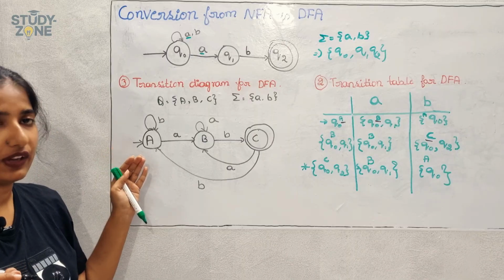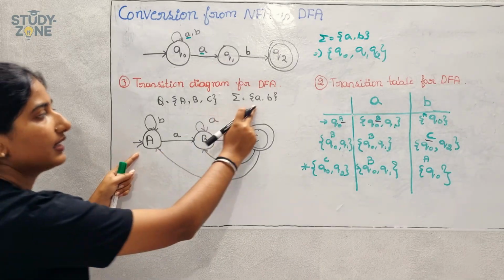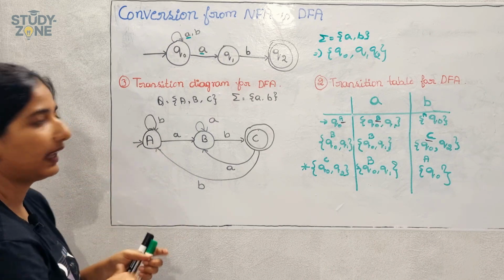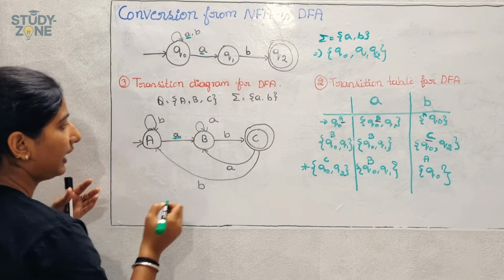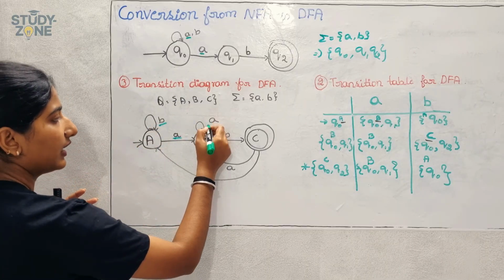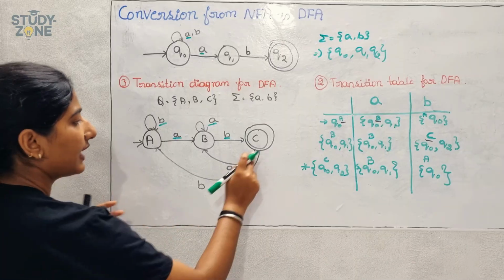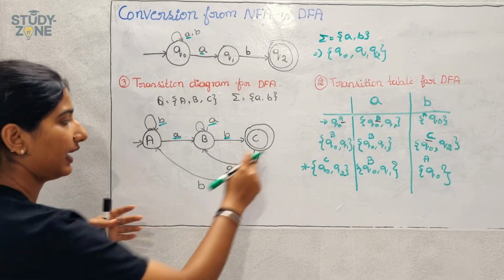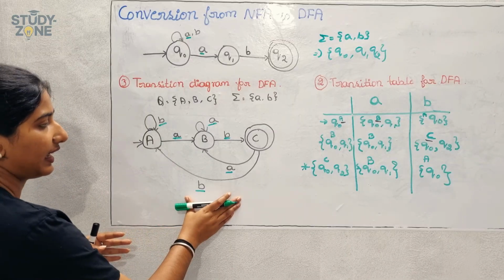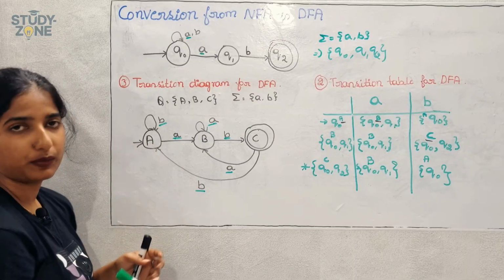Now for a DFA, how do we check whether this transition diagram is correct or not? For every state, A and B should be there, right? A on A moves to B, and on B it stays in A. B on A stays in B, and B on B moves to C. C on A moves back to B, and C on B moves back to A. So this transition diagram is correct because for every state there is one transition for each input symbol.